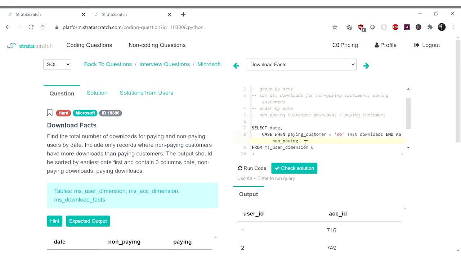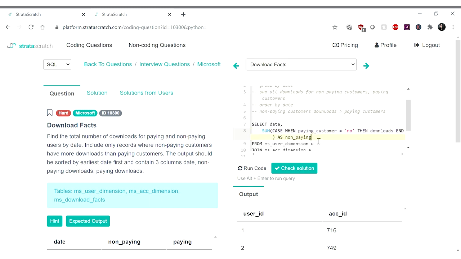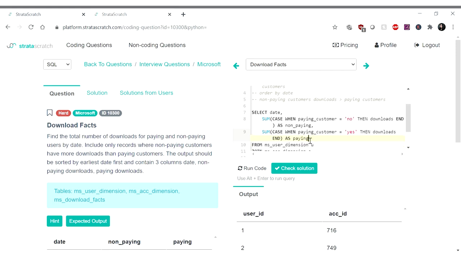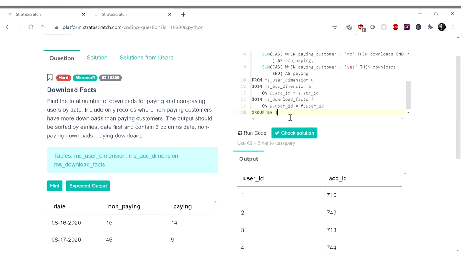For each time that we have a non-paying customer, we get the number of downloads, and what we want to do is sum this together. That will give us all the downloads for that day for the non-paying customers. We want to do the same for the paying customer: case when paying customer is equal to yes, then downloads, as paying. Okay, so we are going to be grouping by the date here.